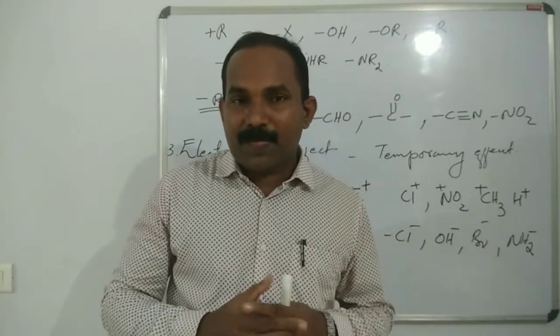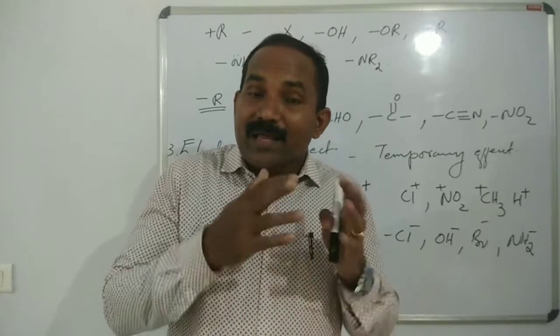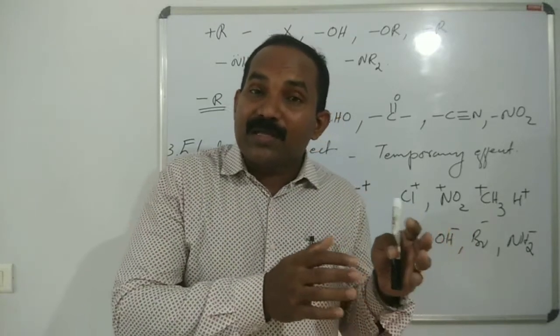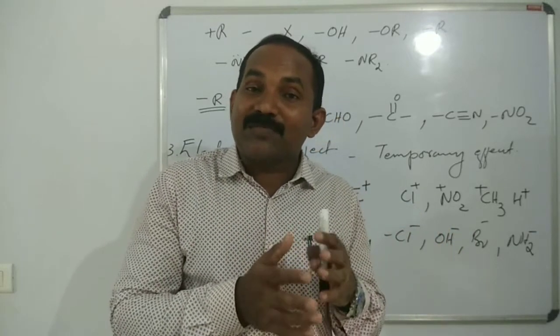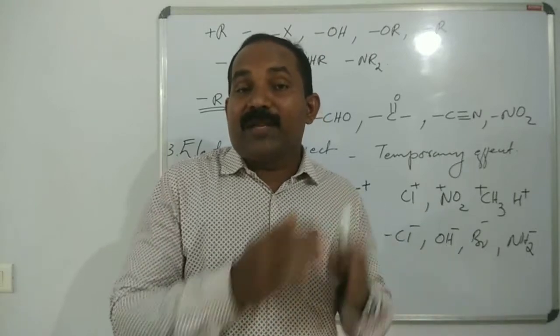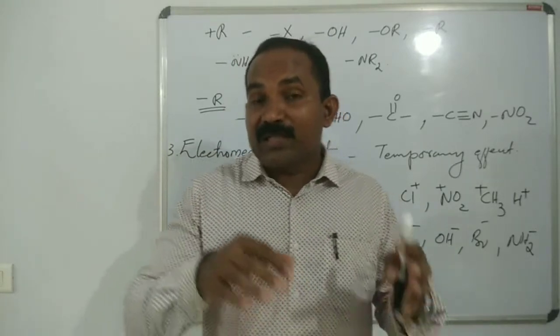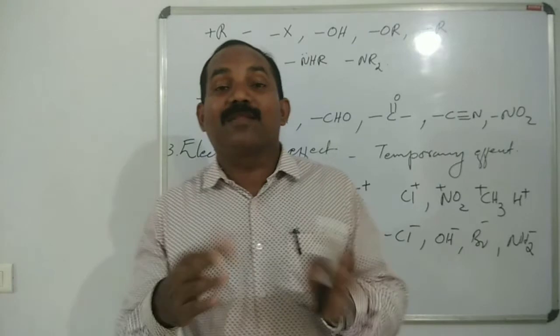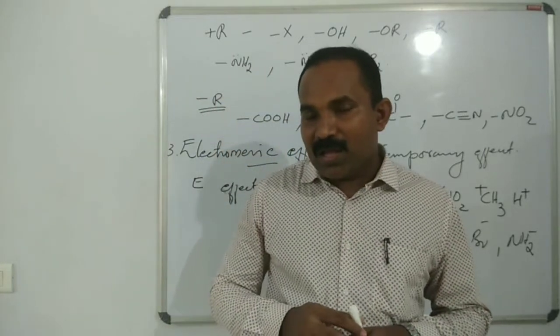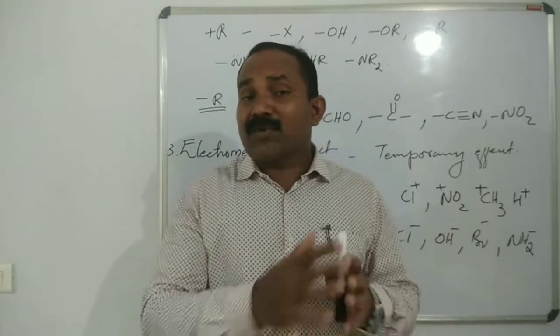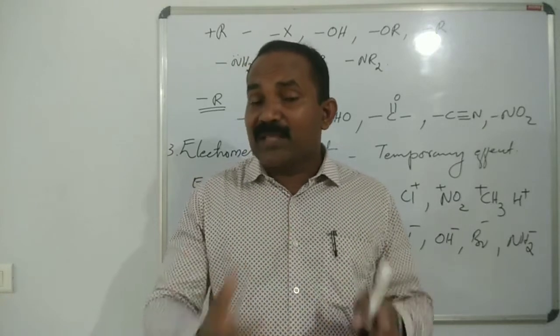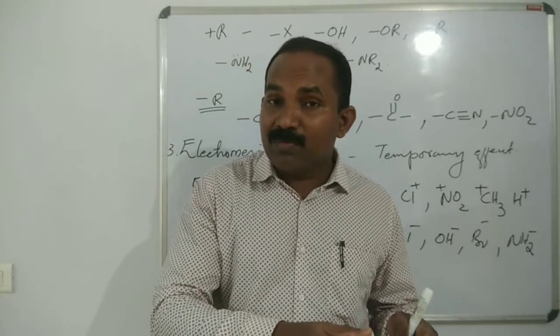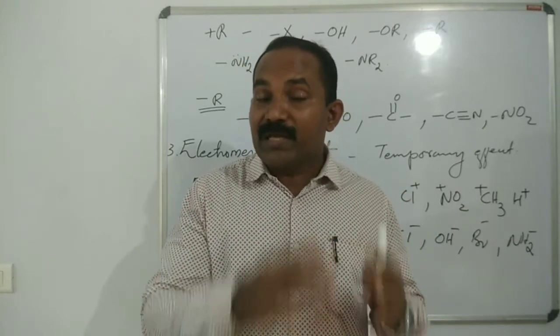So here, when the electrophile comes, the multiple bond electrons are shifted in one fashion. When a nucleophile comes, the multiple bond shifts in another fashion. When an electrophile comes and attaches to the double bond, it is called a positive electromeric effect.